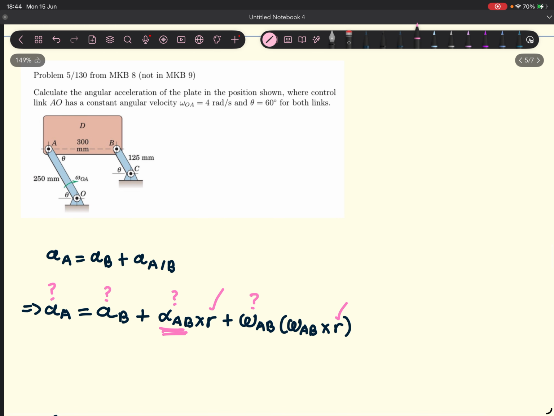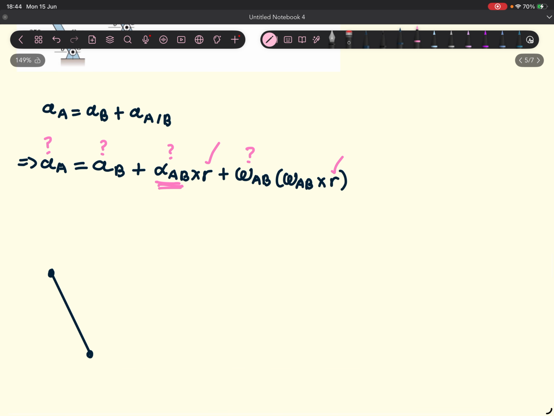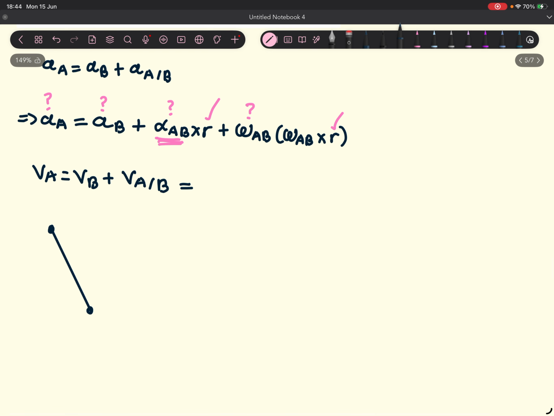So we basically need to look at VA is equal to VB plus VA relative to B, and then this can decompose into VB plus omega AB crossed with R. So if we can find what VB is, and if we can find what VA is, then we can solve for omega AB, and then we can substitute that into our equation.